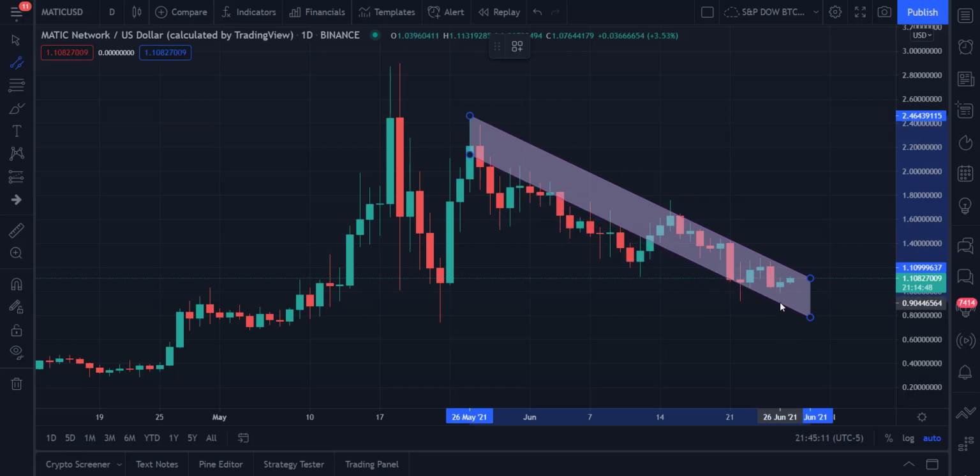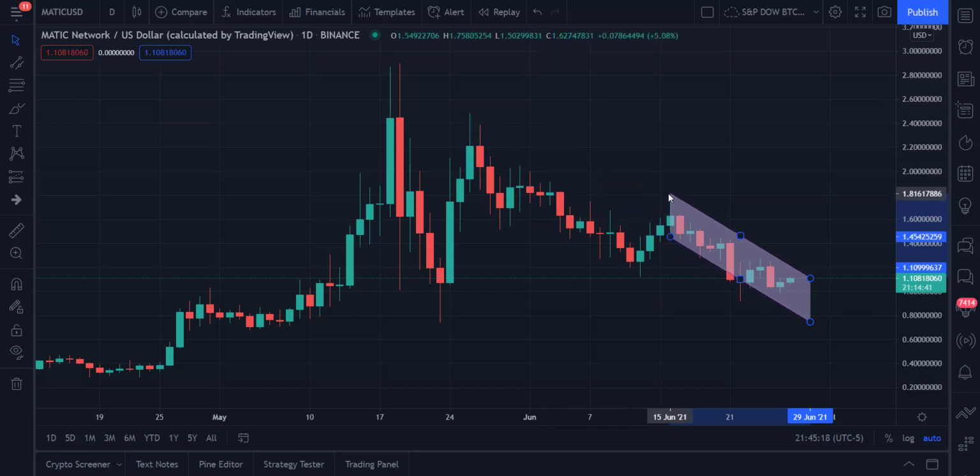In fact, I'm just going to do one here. I'm going to alter this completely, just go from this area here, because I think this is actually the more relevant of the channels. So if we pull this in a little bit, there you have it. So this channel clearly is heading lower.